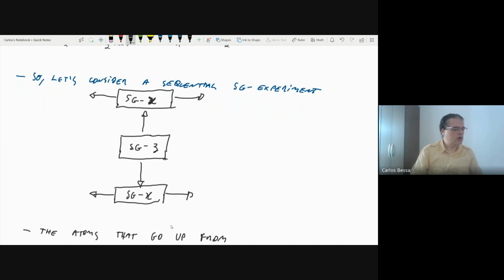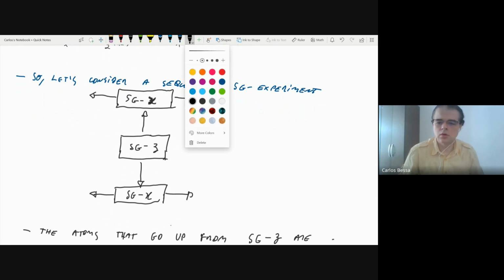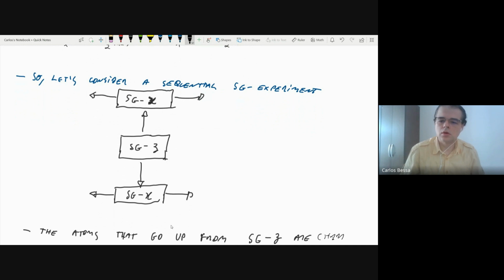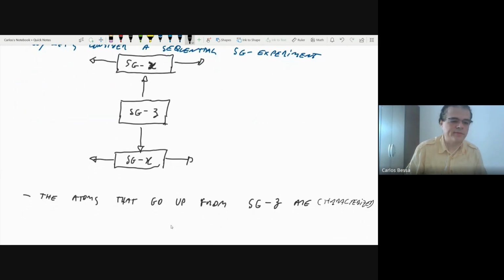The atoms that go up from the Stern-Gerlach Z are characterized by Z plus, something like this: X plus, X minus.